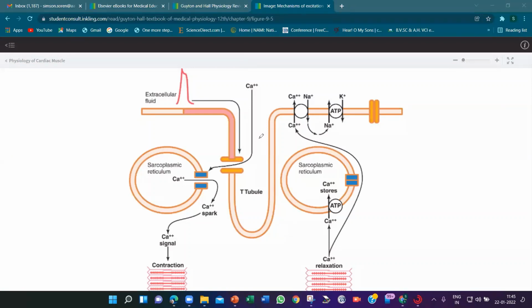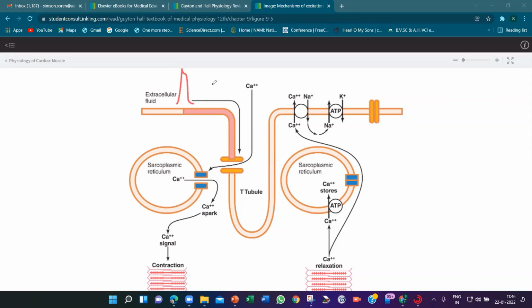So calcium moves from the extracellular to the intracellular space and causes muscle contraction. This T-tubule is larger in size, and the presence of the negatively charged mucopolysaccharide binds the calcium and holds a large quantity of calcium within the T-tubule.